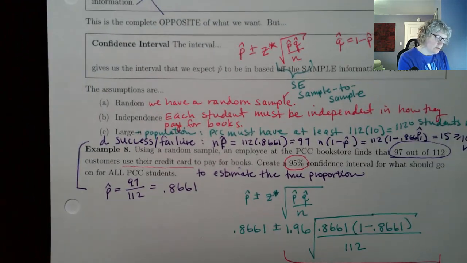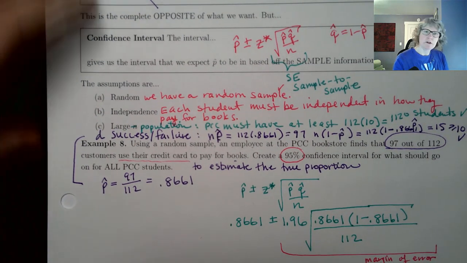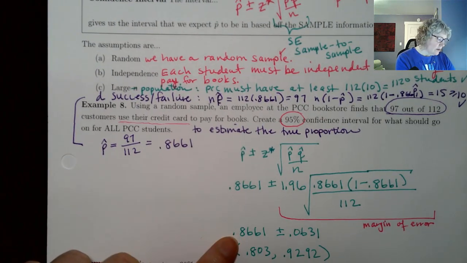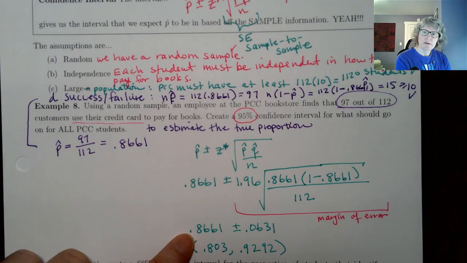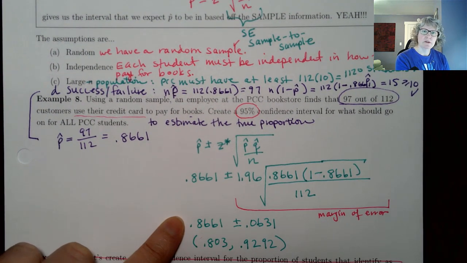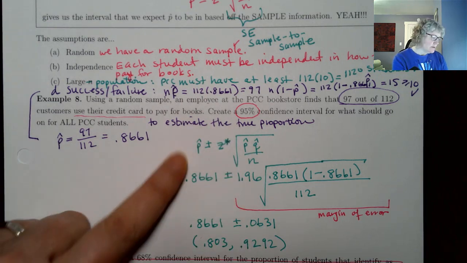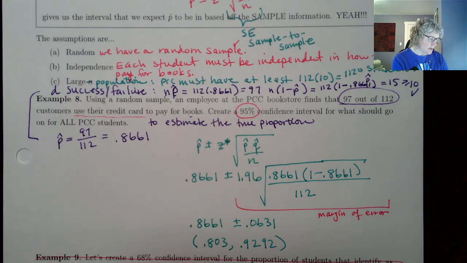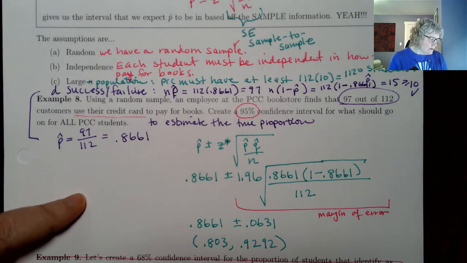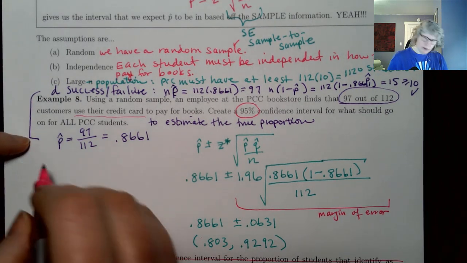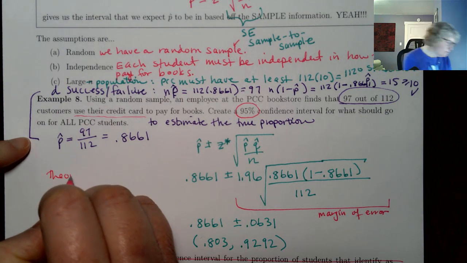So let's go back to example 8 here. And it's a way to double check this, but still using the theoretical method. It's not a simulation. This is also called the theoretical method because we're using the normal distribution here. So I'm going to write on the side here, theoretical calculator.